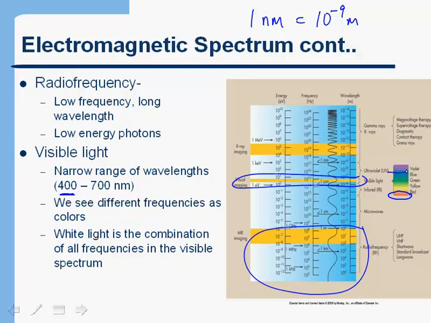And when we see violet light, that's simply our eye detecting light with a wavelength of 700 nanometers. Obviously the other colors are somewhere in between. When we see all of those frequencies and wavelengths together, that's what we perceive as white light. So white light is just the combination of those different frequencies within the part of the spectrum that we can see.